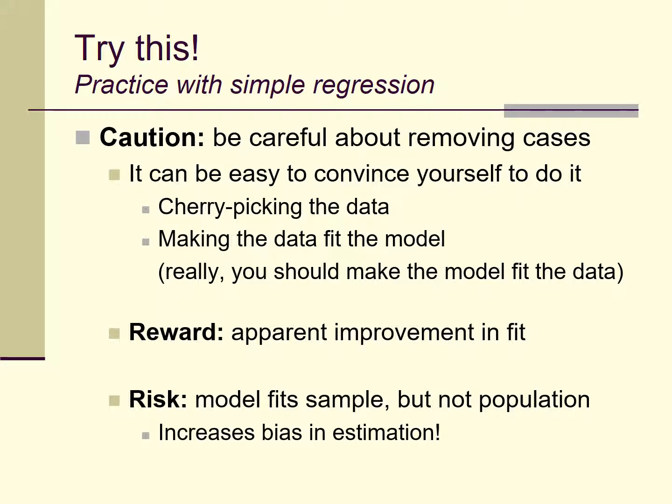But if you were to apply that model to another sample from the same population, you would see problems with estimation, bias in estimation, or even a failure to replicate the basic findings. It's like, gosh, when we drew a new sample from the population and ran the model, R squared was minuscule. How did this happen? Well, whether you realized it or not, you fit the data to the model and not the model to the data.